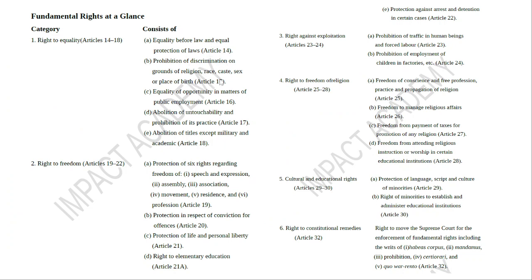Prohibition of discrimination on grounds of religion, race, caste, sex, or place of birth is 15. Equality of opportunity in matters of employment is 16. Abolition of untouchability is 17. Abolition of titles except military and academic. That means Rao Bahadur and all those titles are no longer allowed. Only academic, that is doctor, and military, colonel, lieutenant. Anyway, we are talking about 15. Article 15 is prohibition of discrimination on grounds of religion, race, caste, sex, or place of birth.